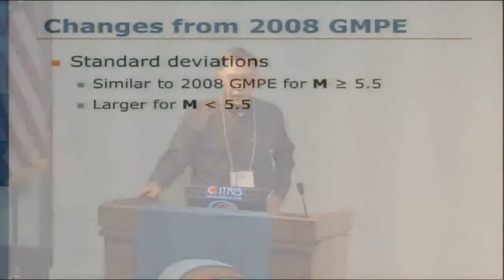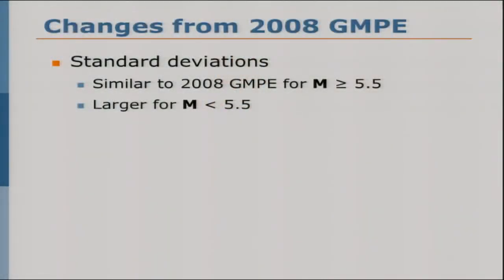And then standard deviations, if we just look at magnitude greater than or equal to 5.5, we're getting standard deviations that are very similar or a little bit larger than we got in 2008. But it gets quite large for magnitudes less than 5.5, maybe going up to maybe 50% larger. We haven't included that yet.